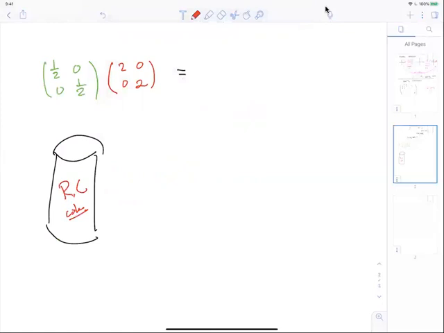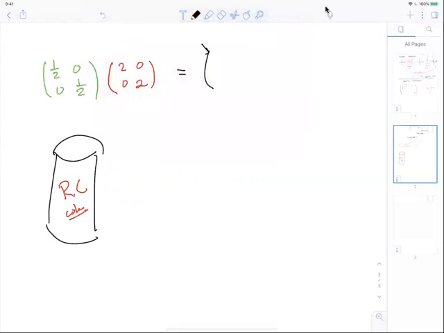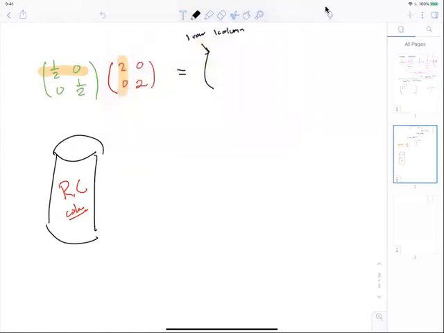But what this means is if we want to find the entry, for example, let's find the first entry. So this entry right here is going to be the first row, first column entry. What we're going to do is take the first row of the first matrix and the first column of the second matrix, and we're going to multiply those together. All right, so let's keep going.